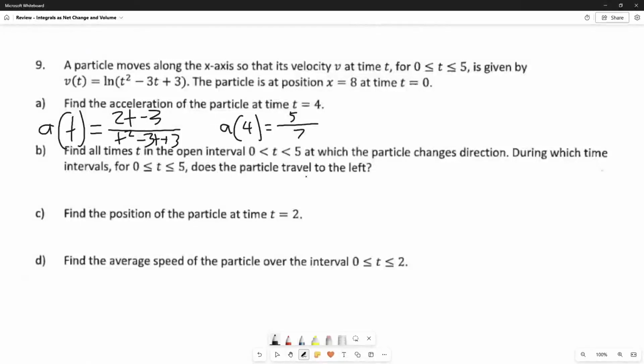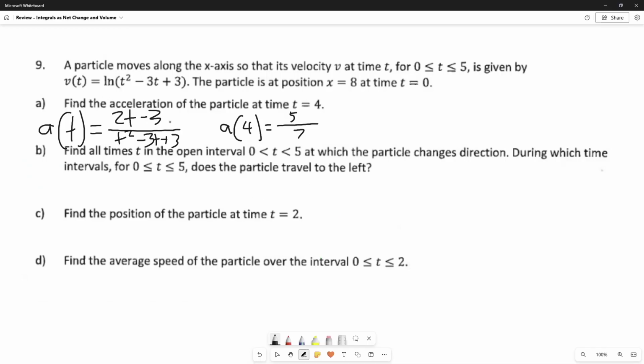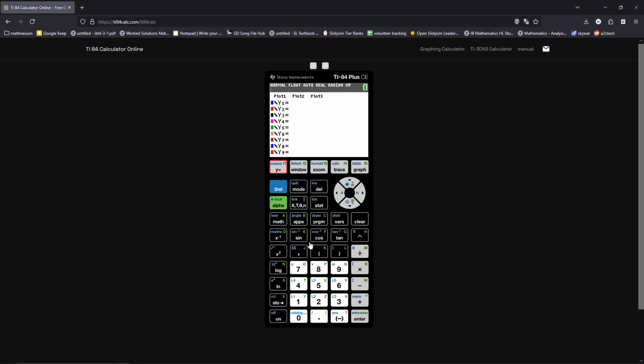Part B is find all times t in the open interval t from 0 to 5 at which the particle changes direction, and during which time intervals for 0 less than or equal to t less than or equal to 5 does the particle travel to the left. So to find the times t where it changes direction, we can graph the function of the velocity and see where it switches signs.